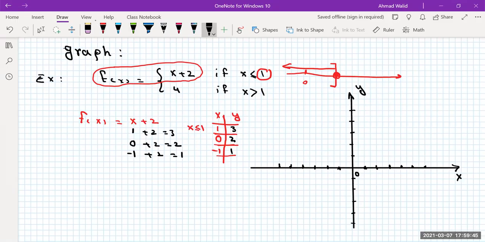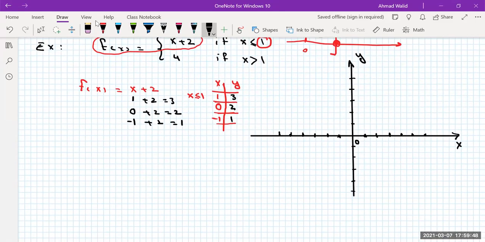Usually I don't write numbers, but in class I can write them. Here, if you put numbers, you will see a lot of stuff on one graph. Let's find our ordered pairs and graph it.